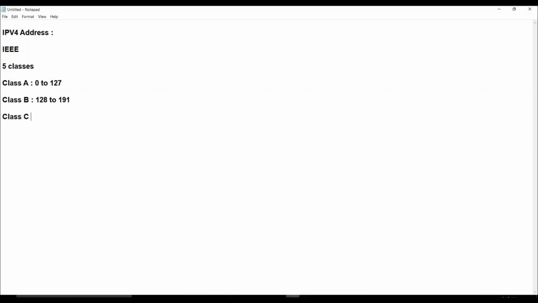For class C, the range is between 192 to 223. For class D, the range is between 224 to 239. And for class E, the range is between 240 to 255. So if you count all the way from 0, it is till 255. So overall it is 256, right?